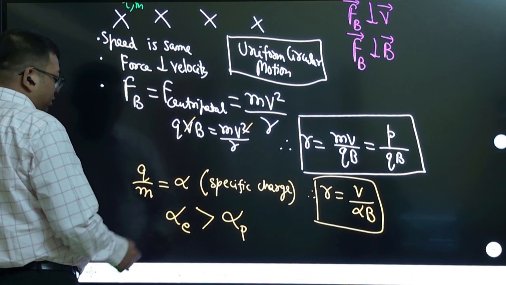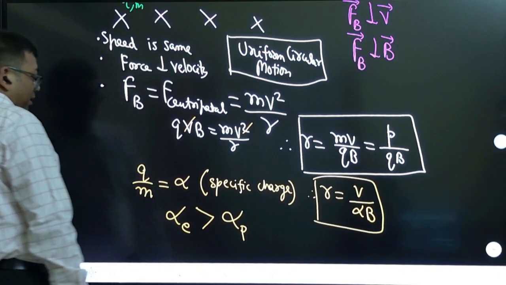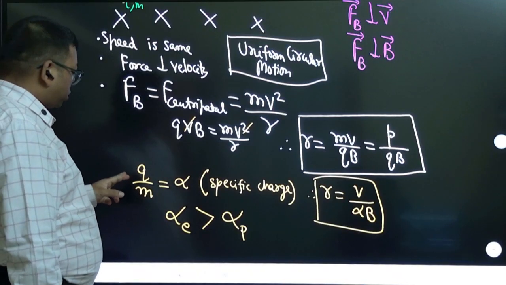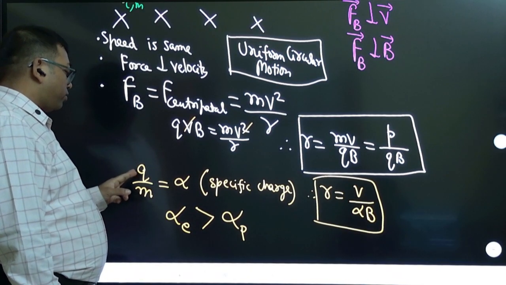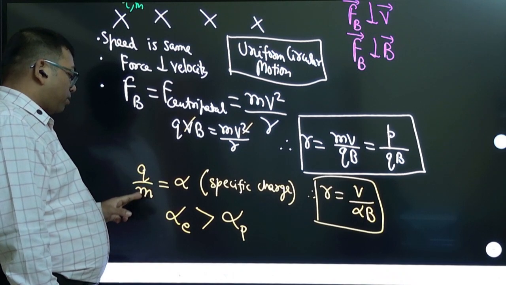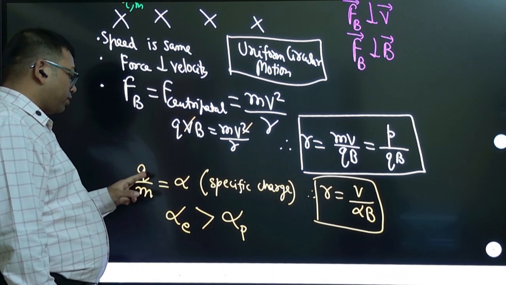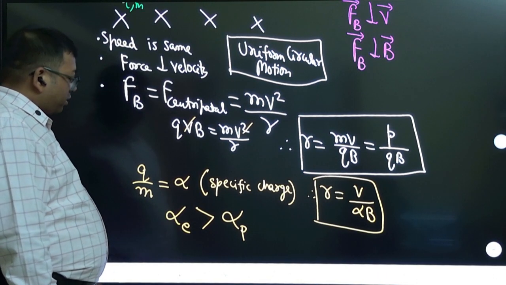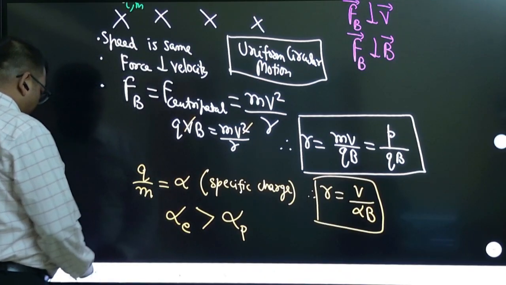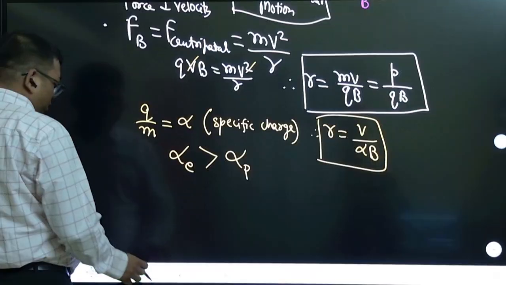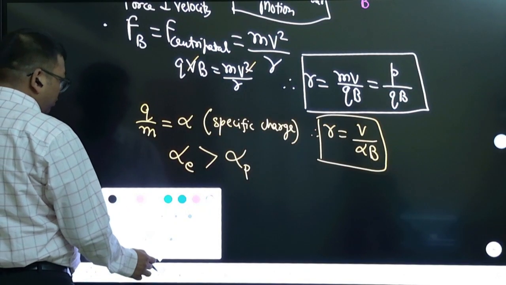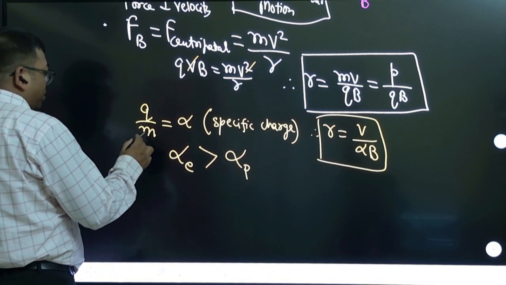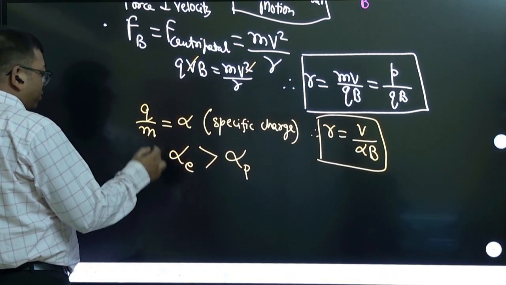And if you also consider other particles like alpha particles, then for alpha particles you can see the charge is 2 times the electronic charge. Mass is 4 times. So that also you can compare if alpha particles are also given. So here charge will be 2 times, mass will be 4 times, so 1 by 2 times.